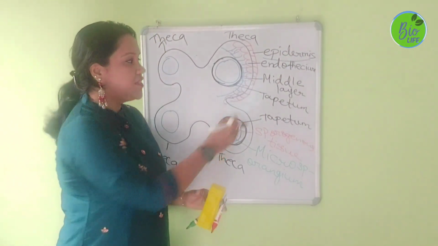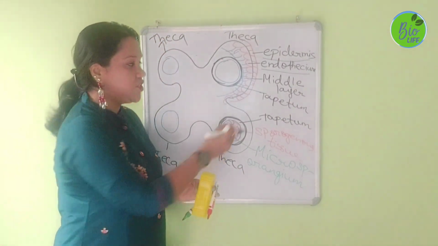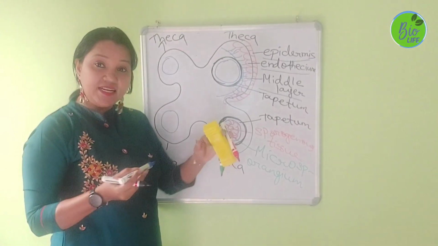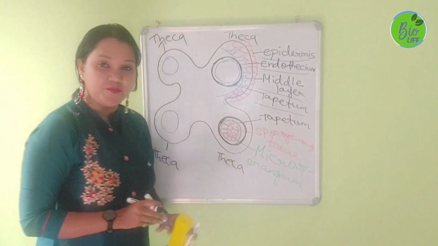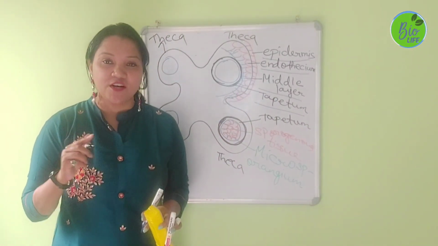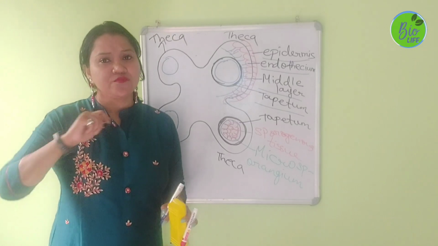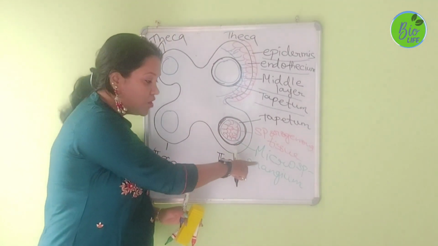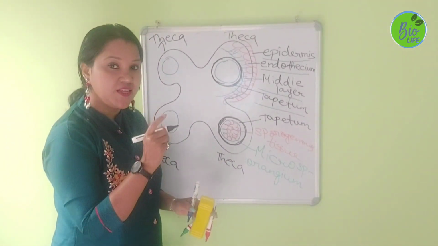Next to epidermis, the layer is called endothecium. Next to endothecium, the layer is called middle layer. And the immediate layer of microsporangium is called tapetum. As I told you earlier, the function of tapetum is to provide nourishment to the sporogenous tissue which is present inside that microsporangium.